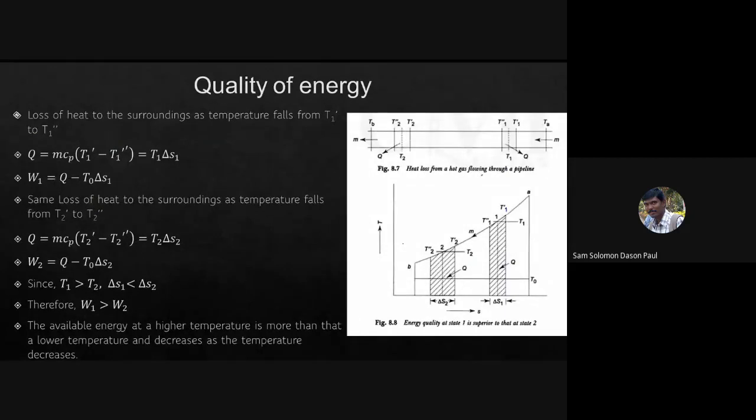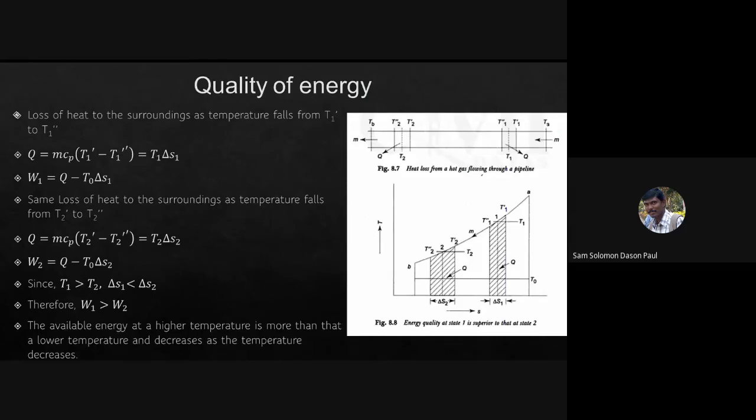Then quality of energy. For this, you are taking another example here. Figure 8.7, if you look at it, heat loss from a pipeline. Heat loss from hot gas flowing through a pipeline.